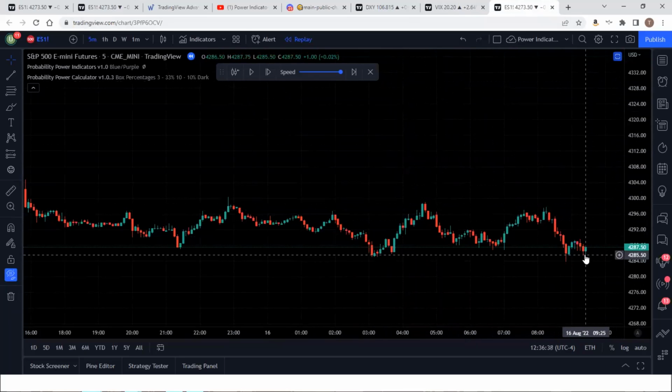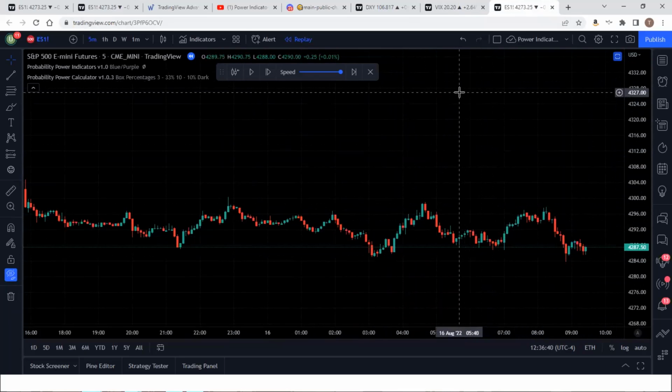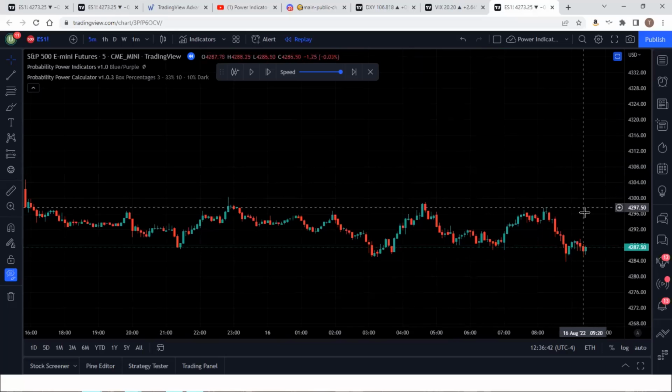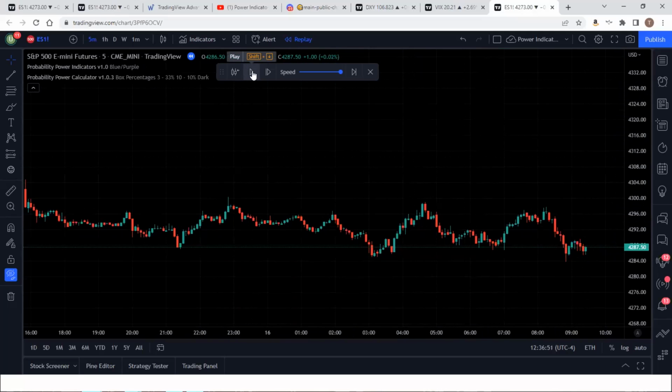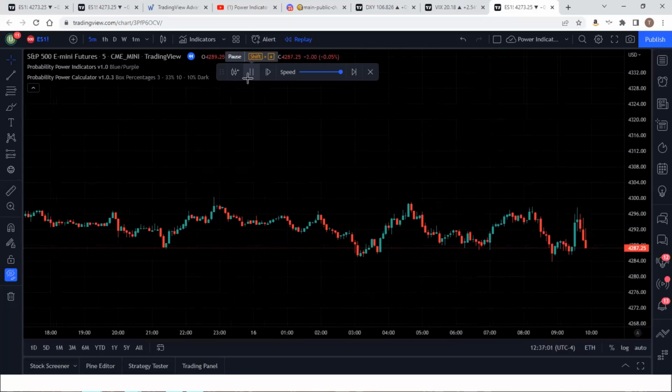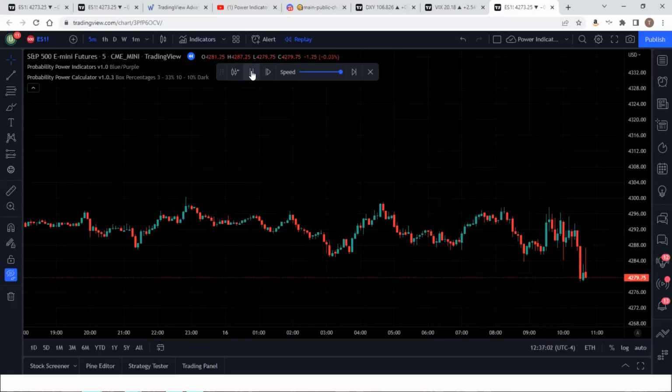I'm using the replay function here on TradingView. So we're actually back in time just as the market opened yesterday. I'm going to show you the price action on the ES for yesterday without any of the indicators, just so you can see how it traded. So go ahead and play it here.